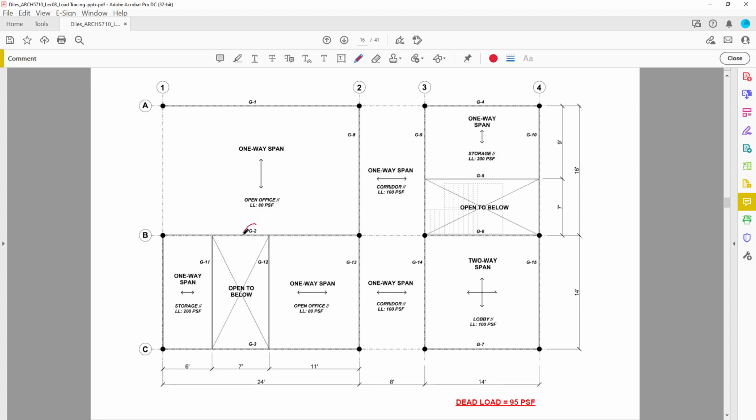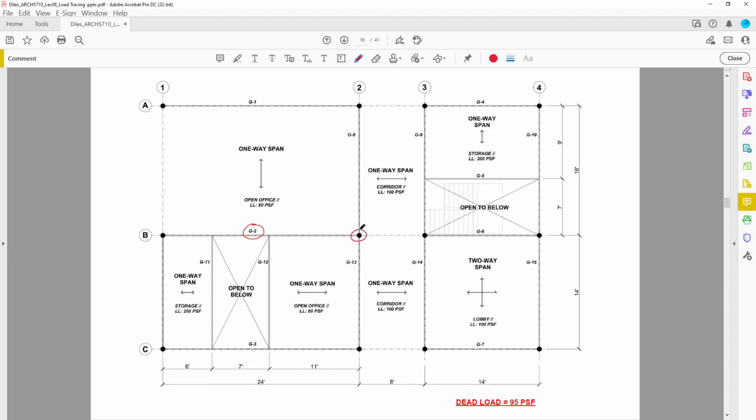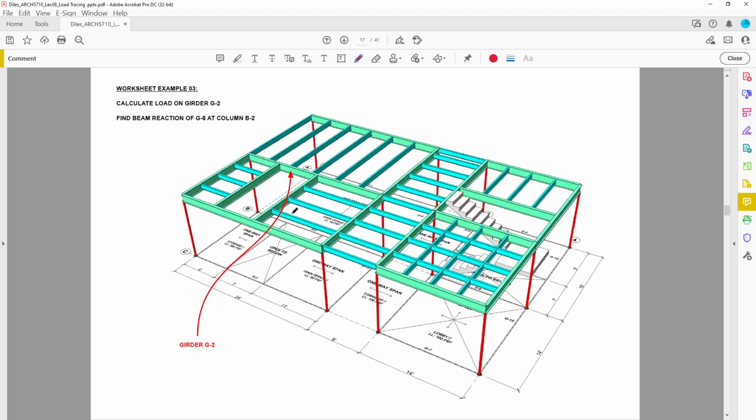So G2 is here, and we want the beam reaction of this at column B2. So, okay, there's quite a lot of stuff going on here. Let's look at our 3D diagram. This is girder G2. One of the things we'll notice is that we have a one-way span from this side, which is the same case as the first example.